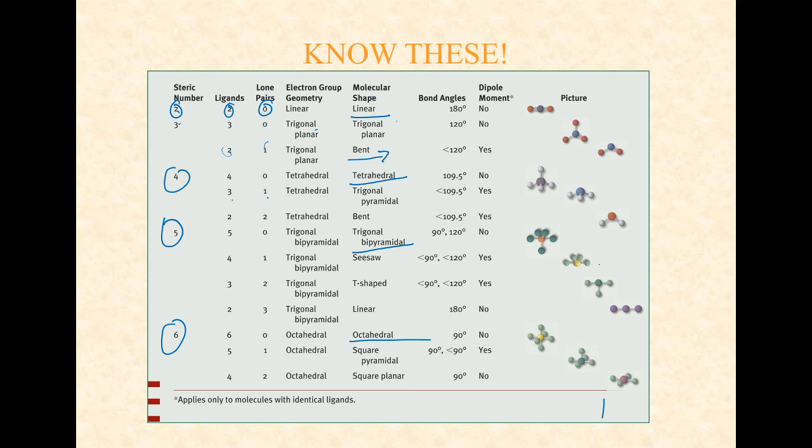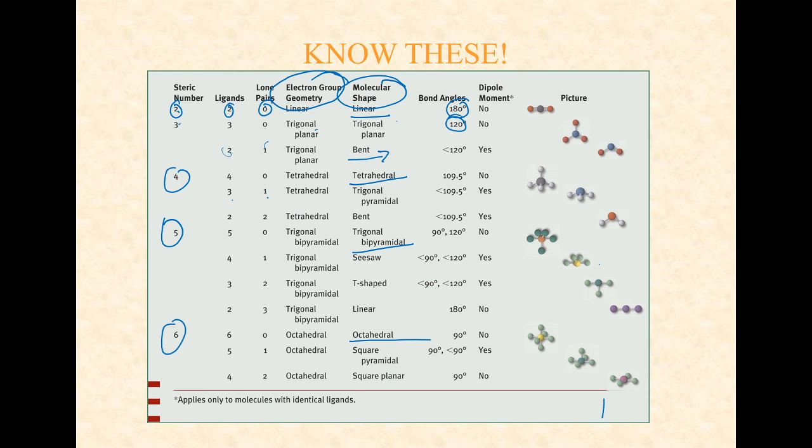So now this is using the group electron geometry, and this is using the molecular shape of the molecule. Then it gives you the bond angle. So you can look at this table in your own free time and see how different shapes are determined.